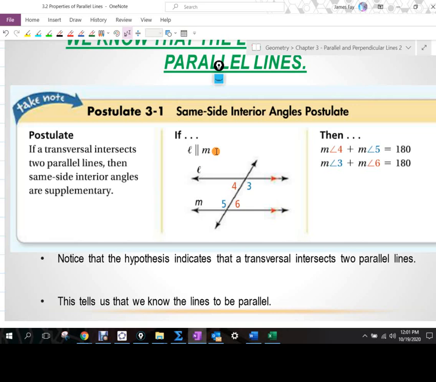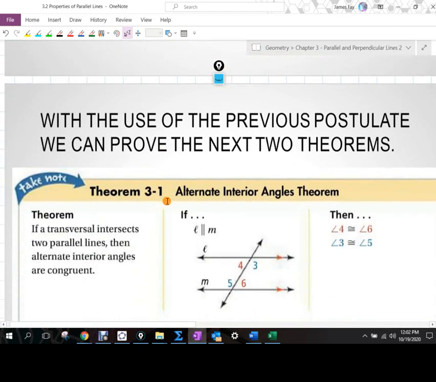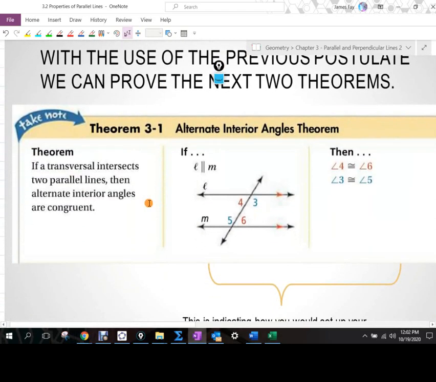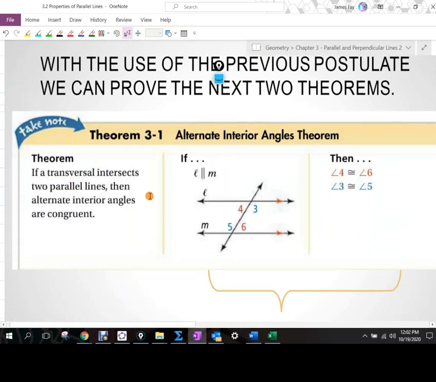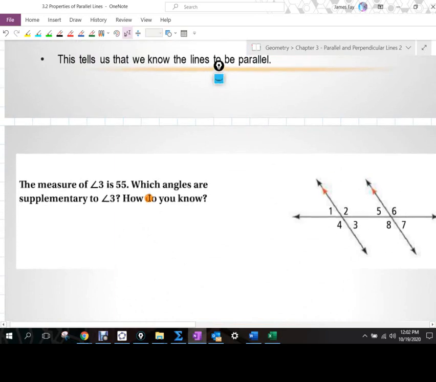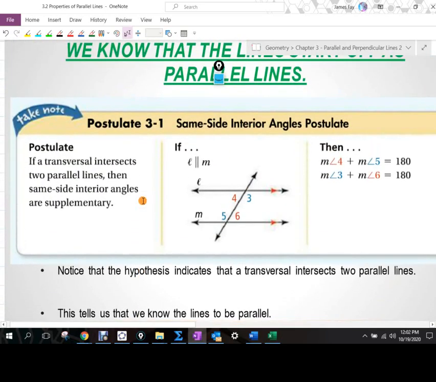This textbook uses this statement as a postulate, and then from that we can build the other 3 as theorems. Some textbooks use this rule here as the postulate, and then the other 3 statements would be theorems. So it doesn't really matter which one we identify as the postulate. I just need us to understand what is said inside the statement. Does that make sense? I don't care if you know this is a postulate or a theorem.